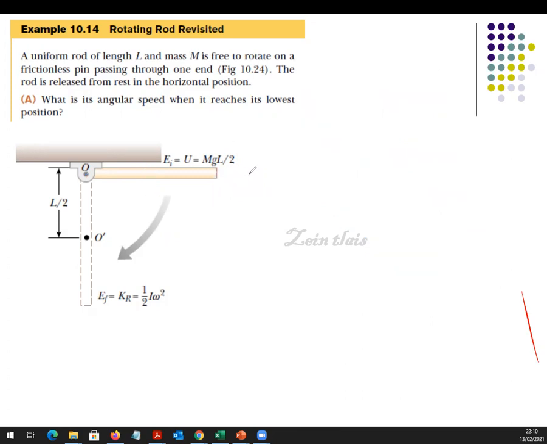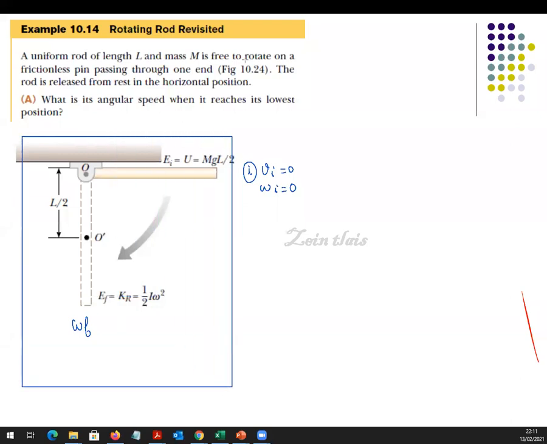Here, initially we don't have V, we don't have omega, and I tell you I need to calculate omega final. So as we have to find omega and V, we can say for this system we have conservation of mechanical energy, delta mechanical equals 0.